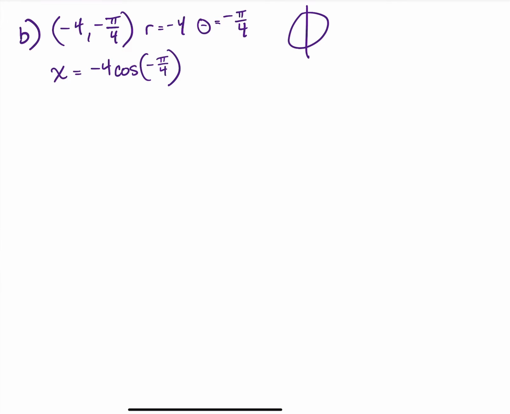So negative pi over 4, that's in the fourth quadrant, as the coordinate point, positive root 2 over 2, negative root 2 over 2. So we can reference that. So that means the x coordinate will be -4, the cosine will be the positive root 2 over 2, which will give us -2 root 2.